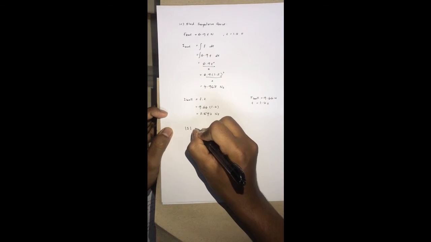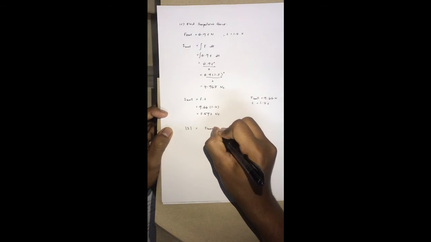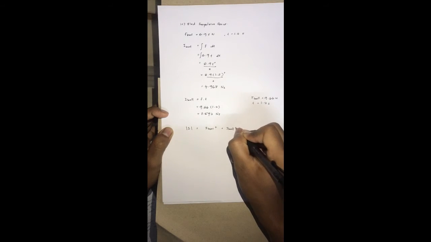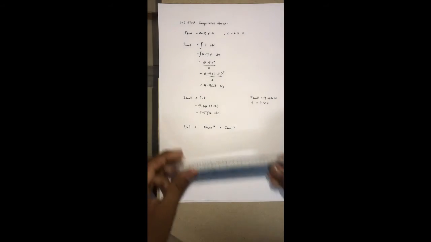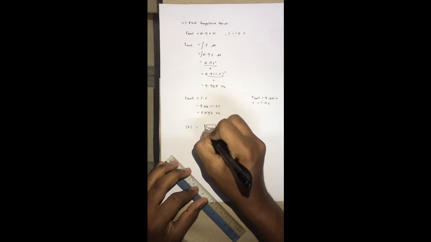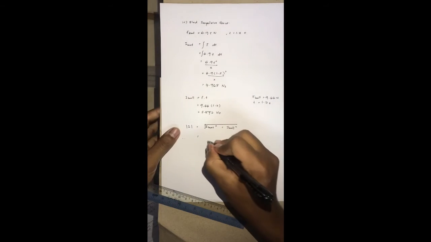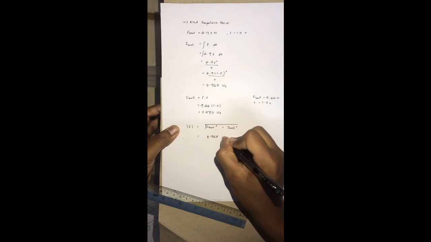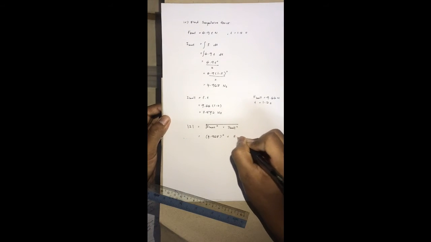And then find the magnitude of this impulse. The magnitude of this impulse is the square root of I bat squared plus I ball squared.